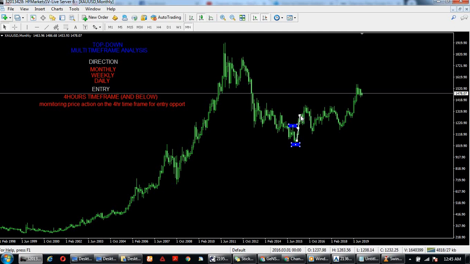Price has made a new higher high, and because this is merely just a sign, price giving us a sign, we would wait to get a confirmation.